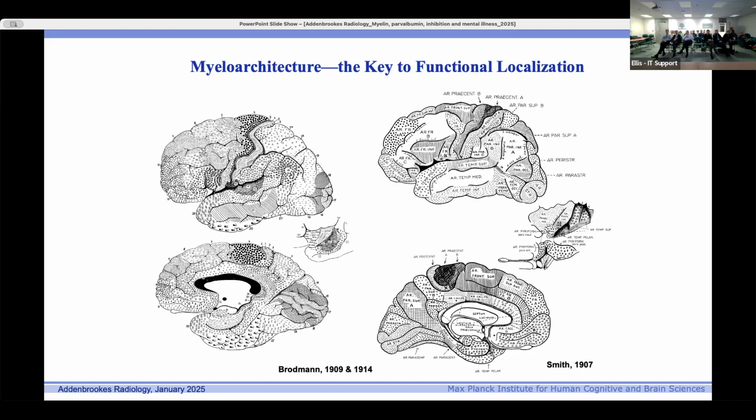We have the myeloarchitectural map. This is one by Elliot Smith in 1907, which matches rather well with each other, actually. The great thing about the myelin maps is that we can see them with MRI, because MRI, as I was saying, is the main source of contrast in the brain.